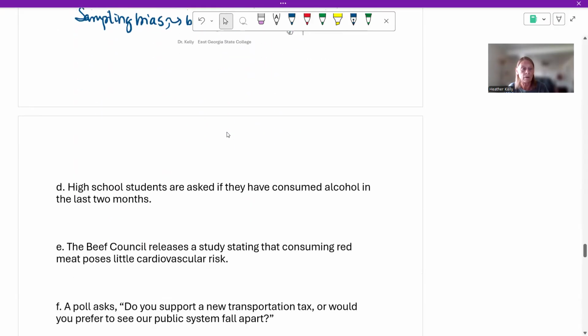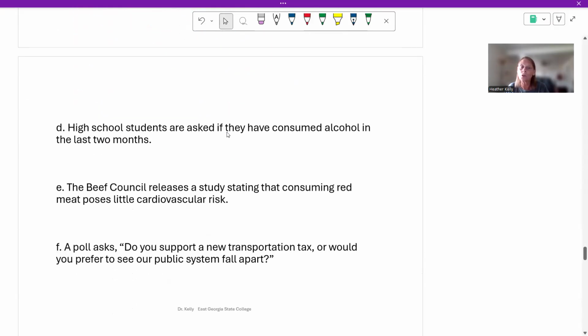biases. Here's another one. The high school students are asked if they've consumed alcohol in the last two months. Well, that's definitely a lack of anonymity. The Beef Council releases a study stating that consuming red meat poses little cardiovascular health risk.